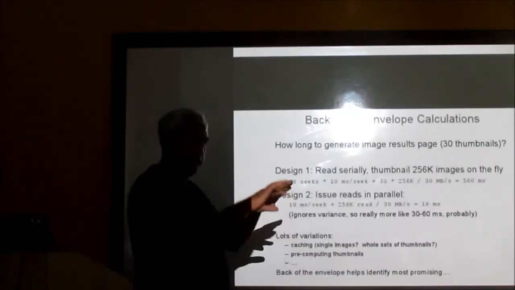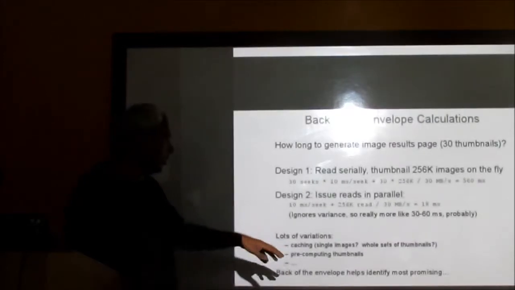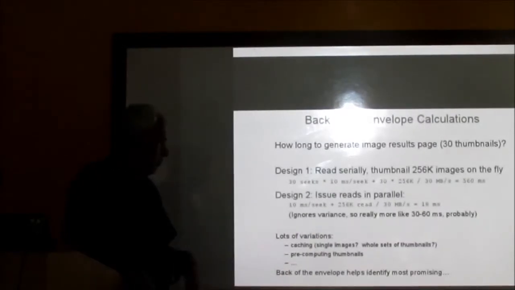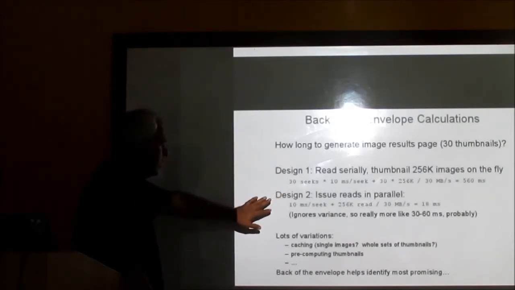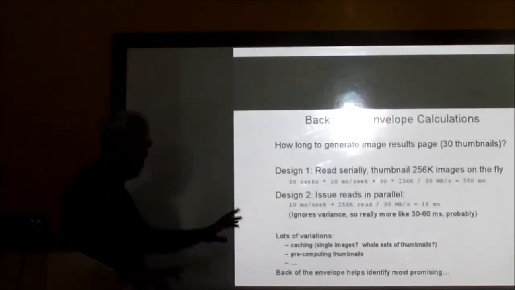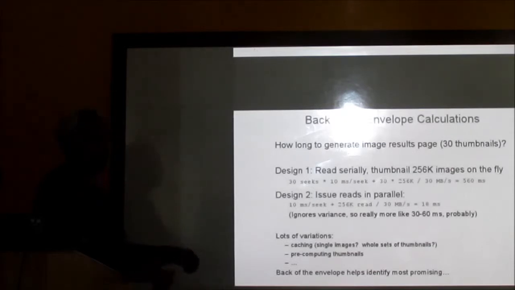Now you have different machines with different things going on them. The caches are in different states, pre-computing. So the calculation that we do here ignores a lot of these unknowns, which are not easy to predict. You don't know what's going to happen.